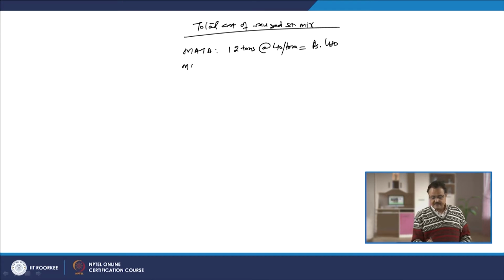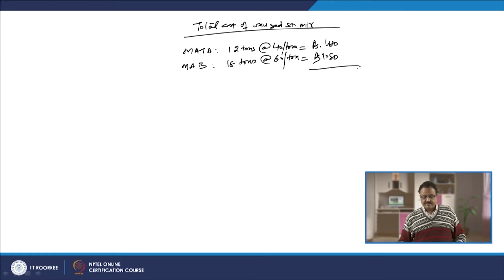For the material B, it is 18 tons at the rate of rupees 60 per ton, so it is rupees 1080. So, the standard cost of revised standard mix, for 30 tons, is going to be rupees 1560.